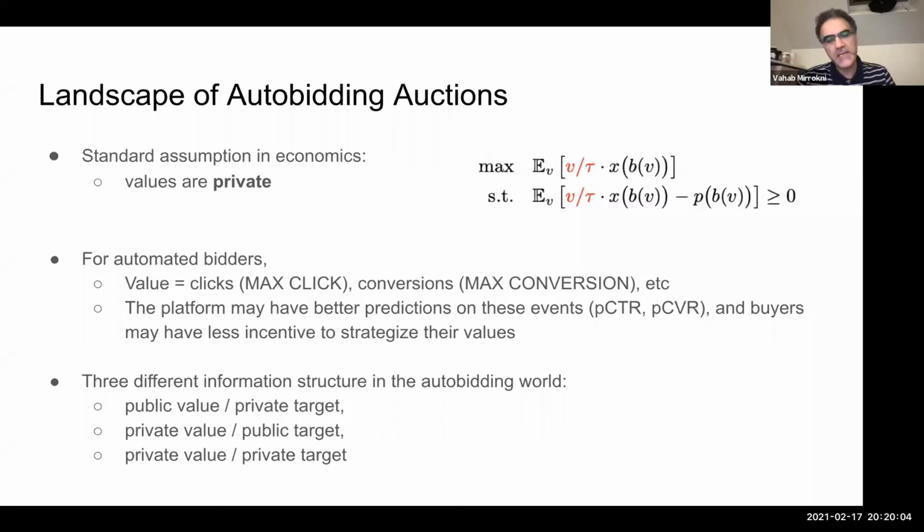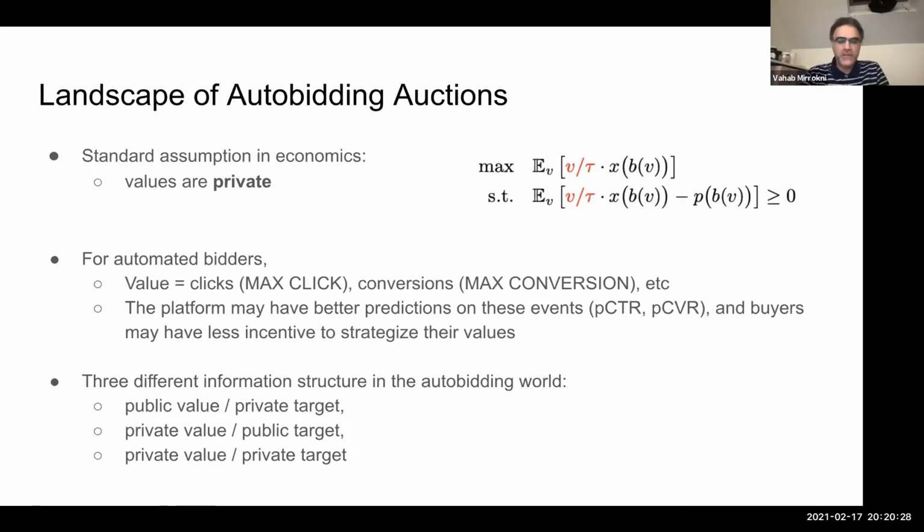But in this setting, the values in some settings are basically the clicks and conversions. And these are things that the platform can compute on behalf of the advertiser, maybe even in some cases with the knowledge that the platform has, maybe better than the advertiser.